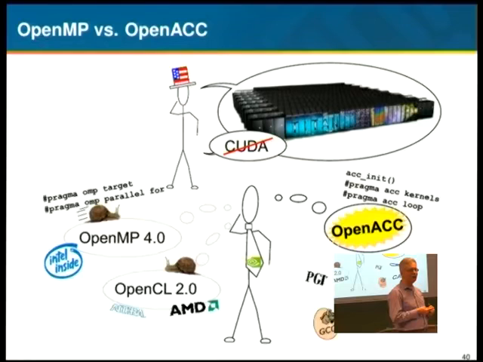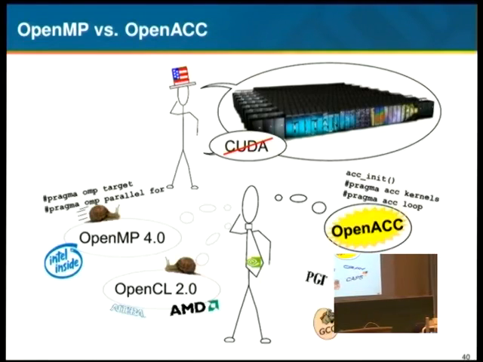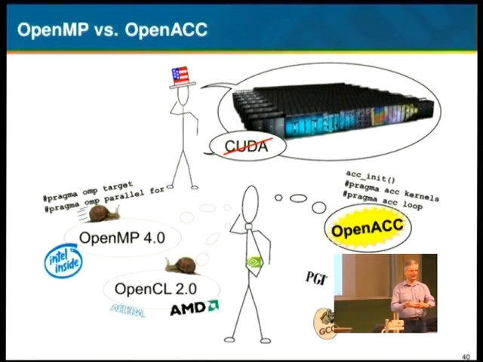But NVIDIA needed the solution tomorrow, not when it's ready. So in the end, they decided not to go with OpenMP, to go for an even faster track. So they contacted a few compiler builders, started working on something called OpenACC, tried to keep it as close to OpenMP as possible, with the thought that if the need arises, we can migrate everything that we now quickly prototype in OpenACC into OpenMP.